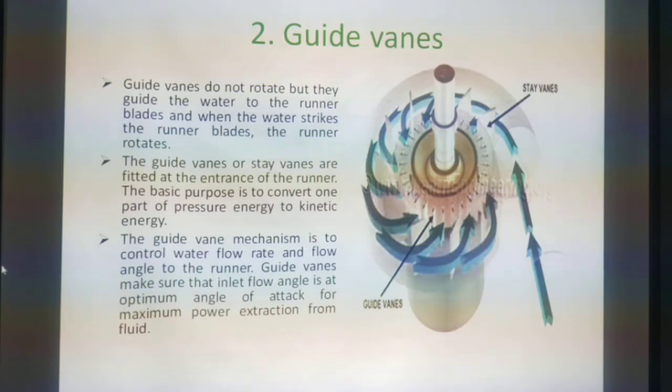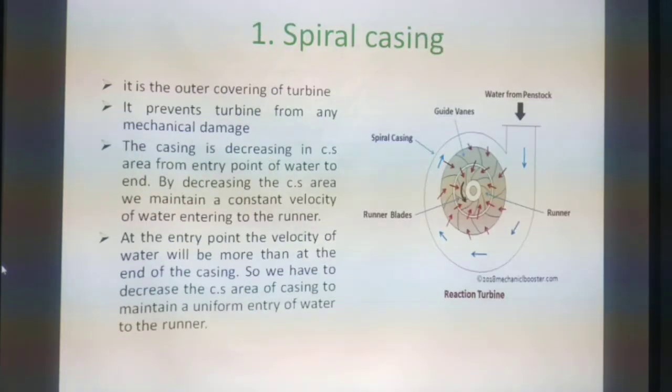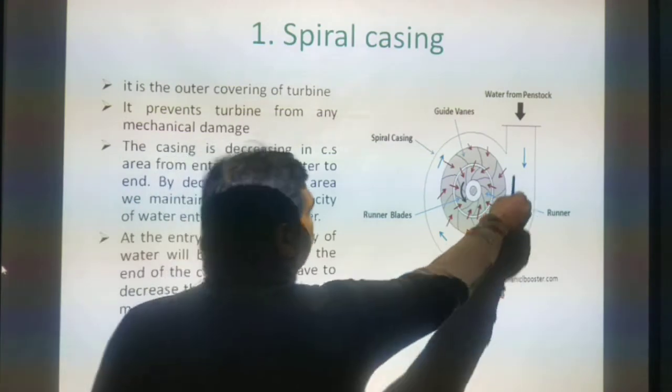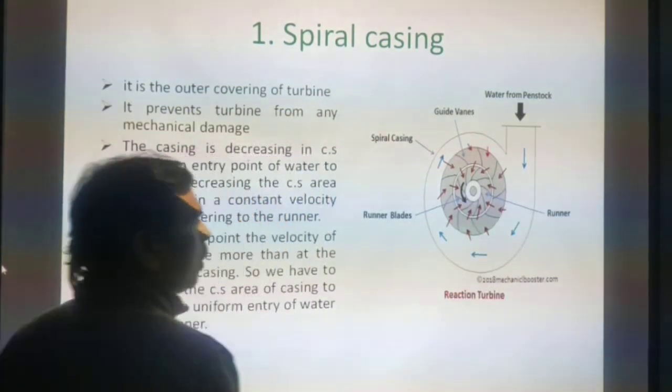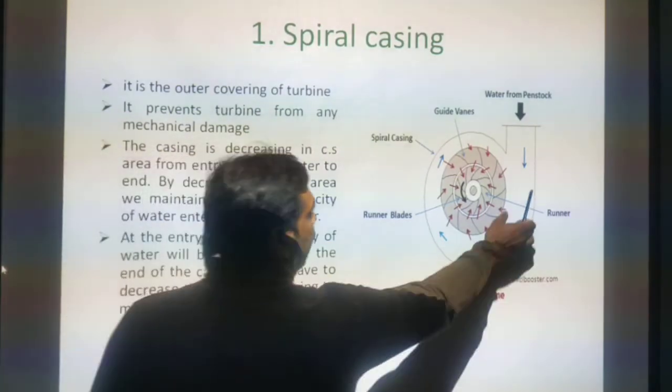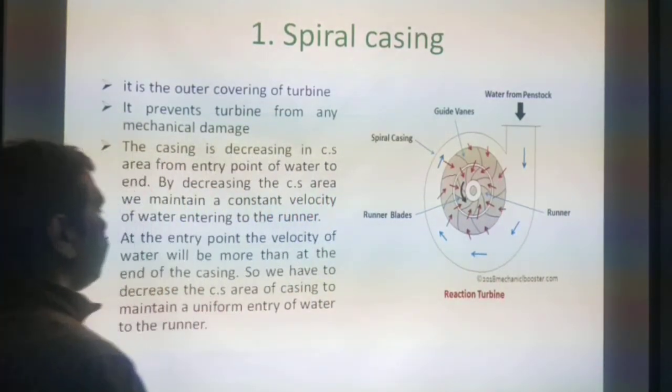At the entry point, the velocity of water will be more than that at the end of the casing. At this point, the velocity of water entering the runner will be more, and here the area is more.